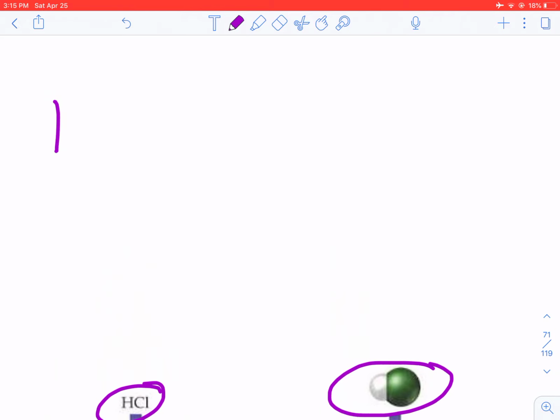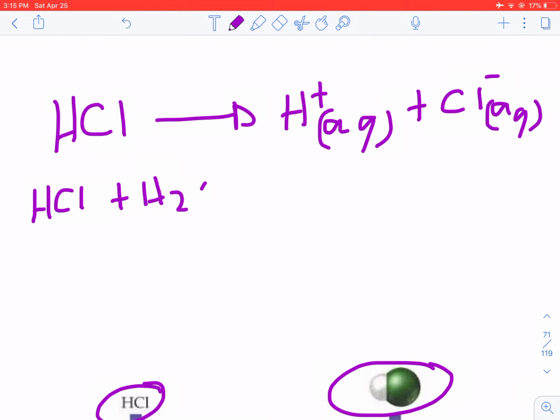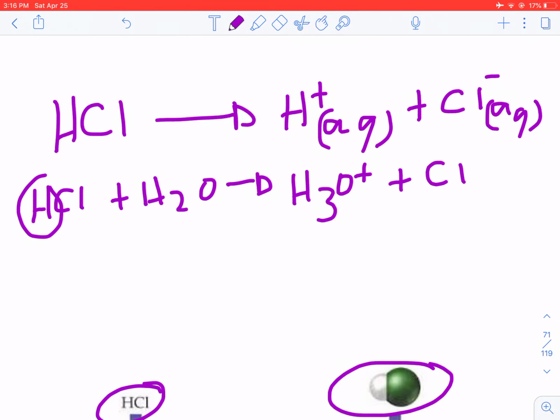So if we have HCl and we want to show that the acid releases the hydrogen ion, we say H plus plus Cl minus aqueous. An alternative way to write it, we say HCl plus H2O, and since this H plus gets donated, it becomes H3O plus and Cl minus.